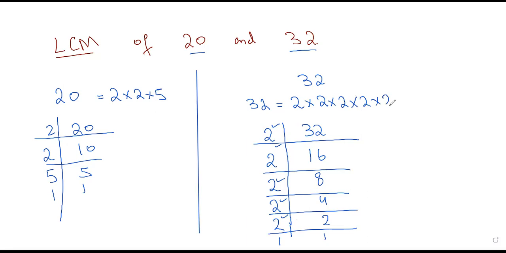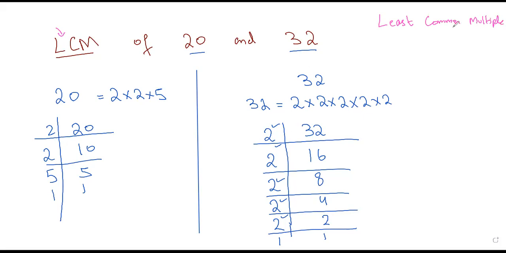Now we are interested in finding the LCM. We were not just finding the prime factorizations. This is the end goal. Whenever you are asked to find the LCM of two numbers, let's talk about the concept first. LCM is least common multiple.